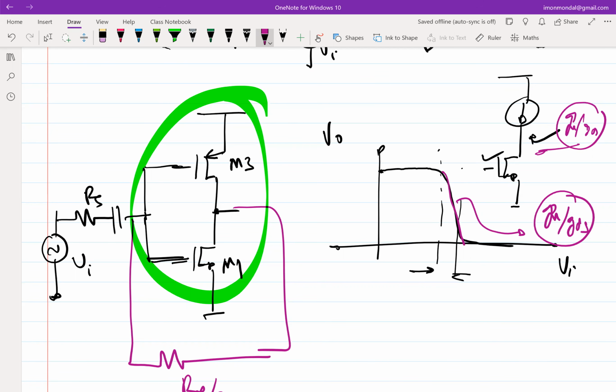So when it superimposes, what happens to the case when output is very low, when I'm operating here? Sir, here there will be no issue as we have used the current source, assuming the ideal current source.